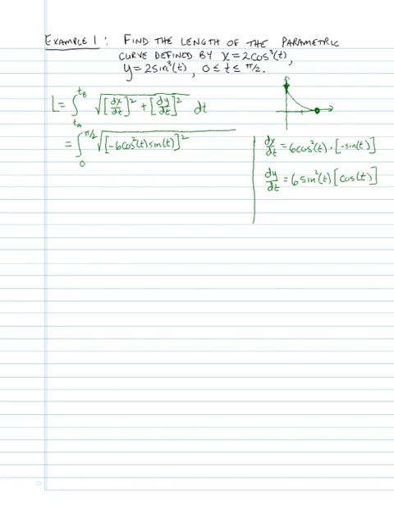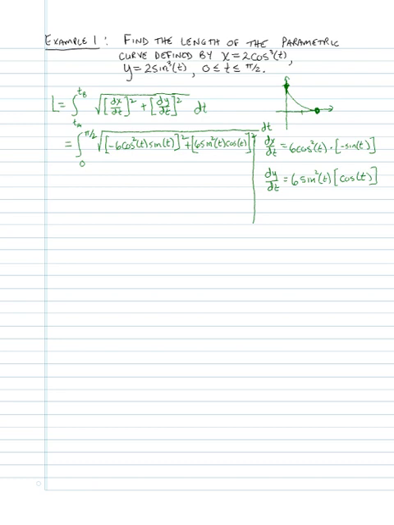So the derivative of y with respect to t is 6 sine squared t cosine t, and of course that's squared, with respect to t. I've really bungled that up and made a big mess of it there, haven't I?